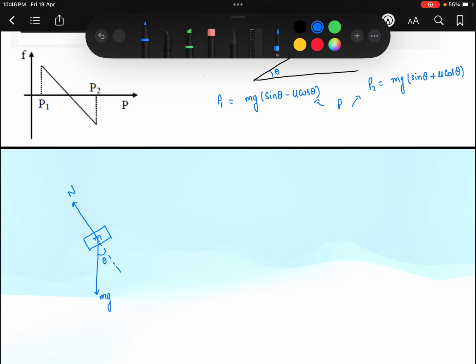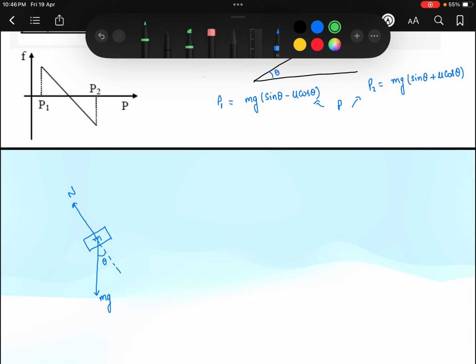Okay, so there will be a component of this mg in this direction, that will be mg cos theta, and there will be a component of this force mg along the plane in downward direction, that will be mg sin theta.